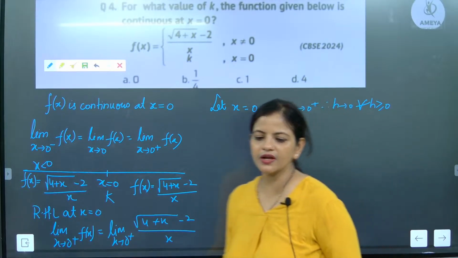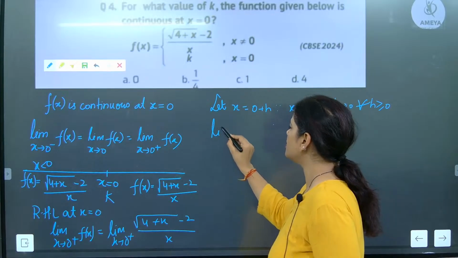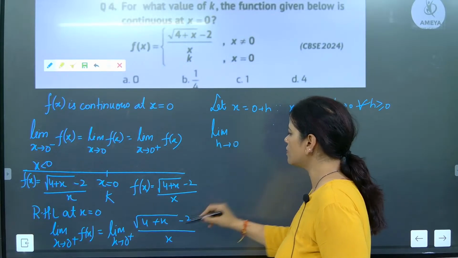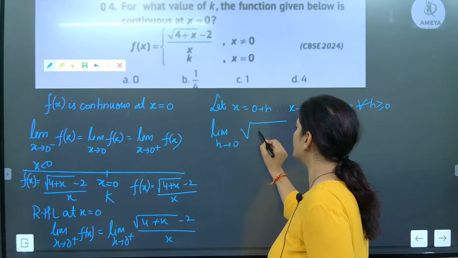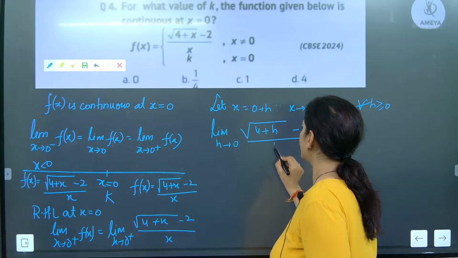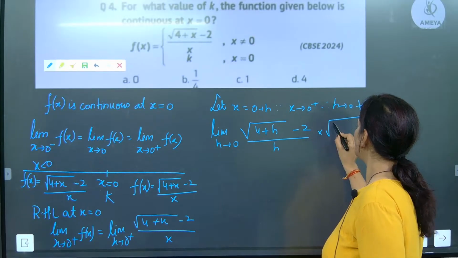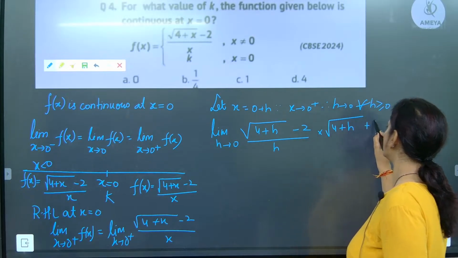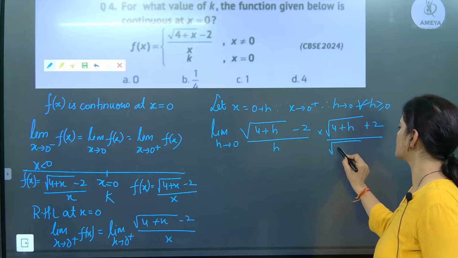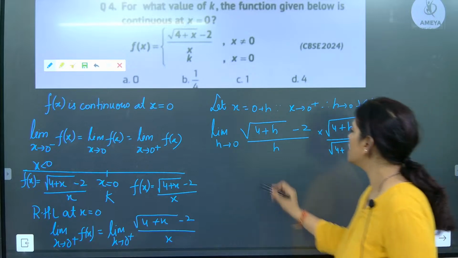So once this part is written, we need to go for the second section. Directly, we write limit h tends to 0 of root under 4 plus h minus 2 by h. 0 plus h is h only now. Now rationalize it: multiply by root under 4 plus h plus 2 in the numerator and the denominator.